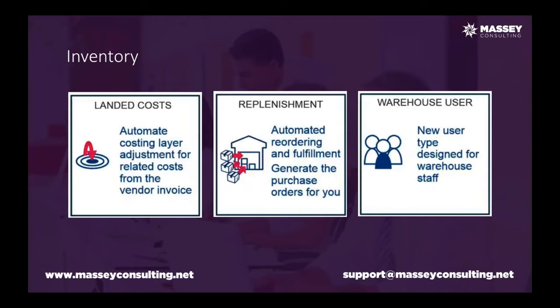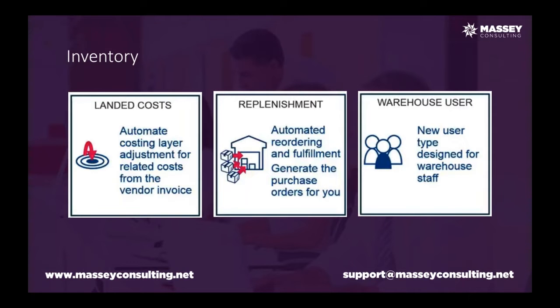Replenishment, you're now going to be able to set levels at which you will replenish your inventory and begin to use automated functionality for reordering and fulfillment of that inventory replenishment. System's going to generate the purchase orders for you, Sage Intacct is, and you're going to be able to really automate that whole process from beginning to end for replenishing the inventory.